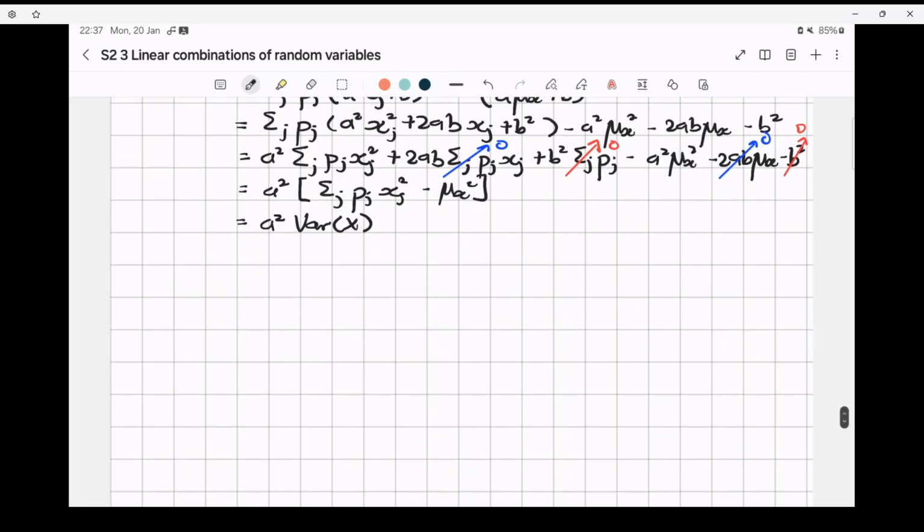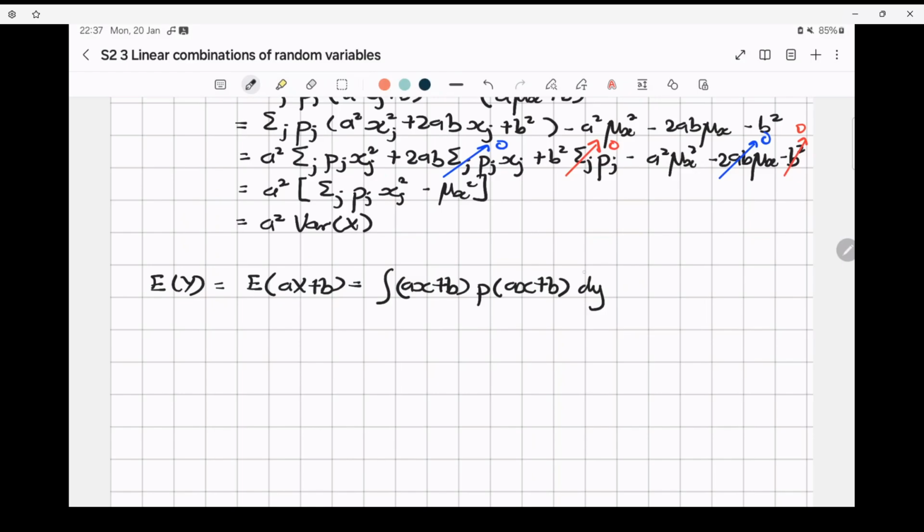For the continuous version, EY is basically this. So this is integrating y, which is ax plus b, and then py dy.